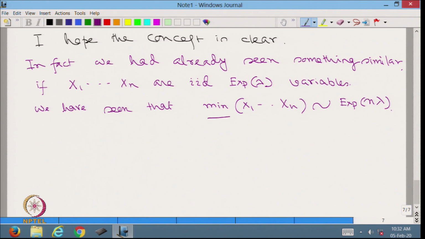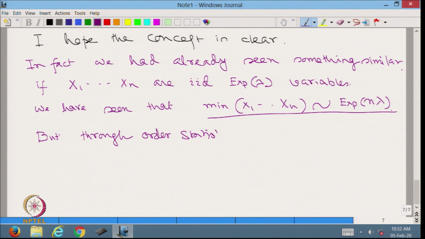This we have already seen, but through order statistics we can get the distribution of different quantiles.